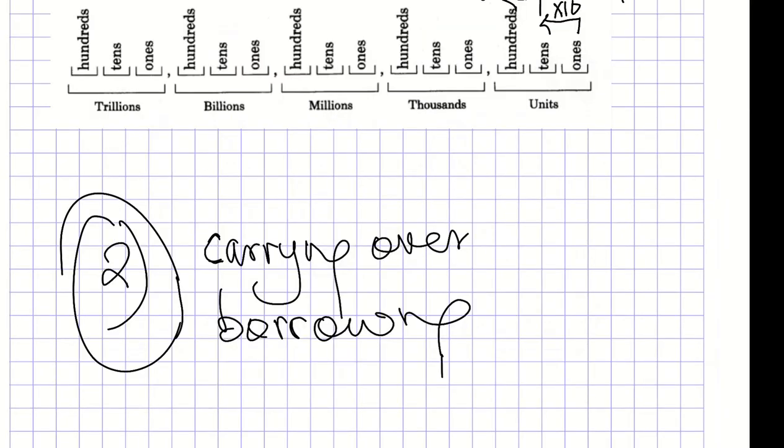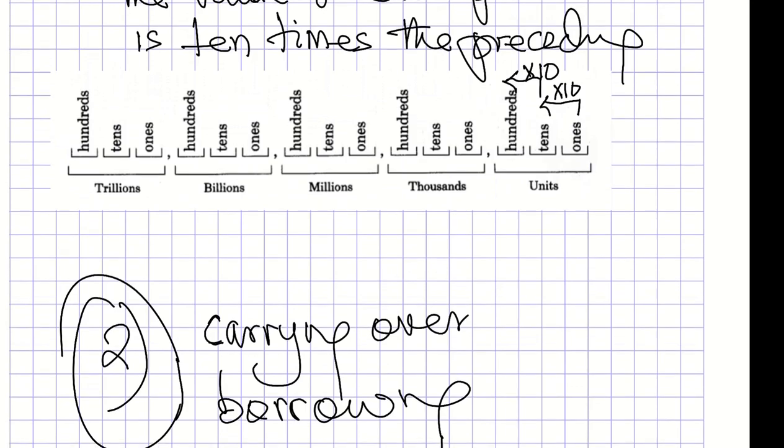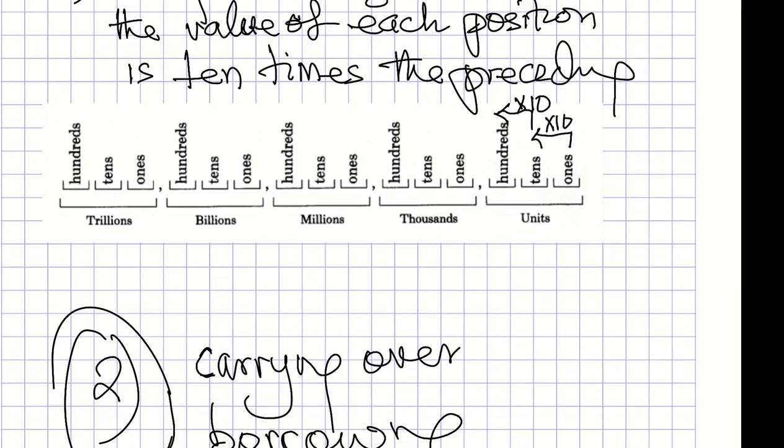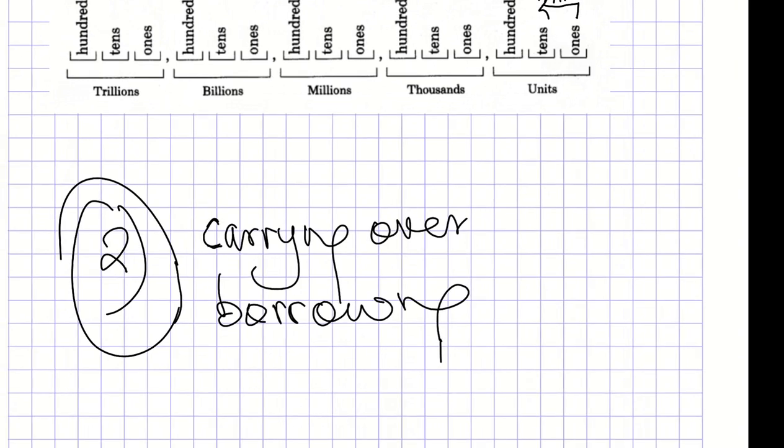All right. The second comment I want to make is an implication from comment number one. When you carry over, remember when we did addition, we carried over, right? When you carry over 1, you're actually carrying over 10. When you borrow 1, you're actually borrowing 10. So keep that in mind.